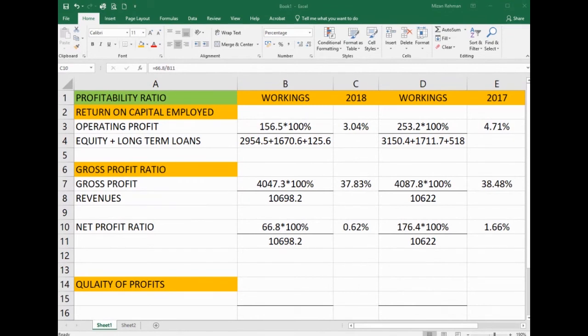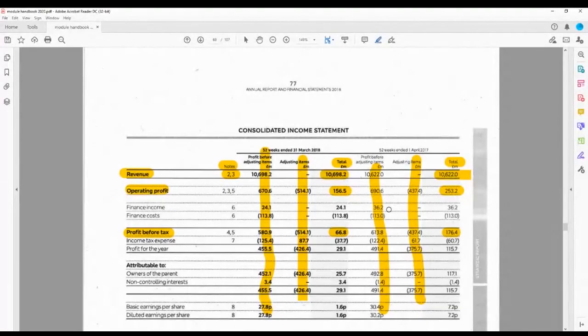And if you look at the income statement, you can see that the operating profit was 253.2 million in 17 and is almost 60% down in 18.